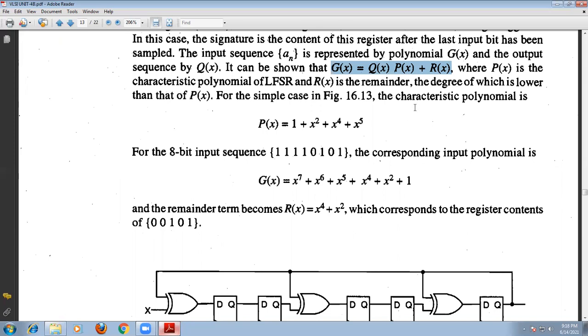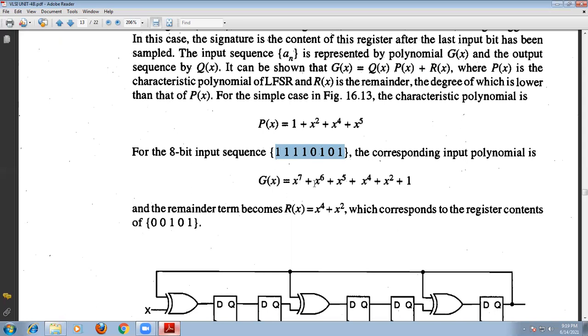Okay, so for example, assume that the characteristic polynomial is p of x, and for the 8-bit input sequence, the generator polynomial is given like this: x0, x1, x2, x3, x4, x5, x6, x7.